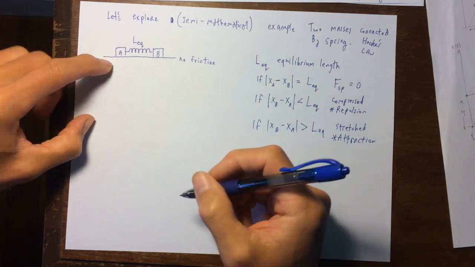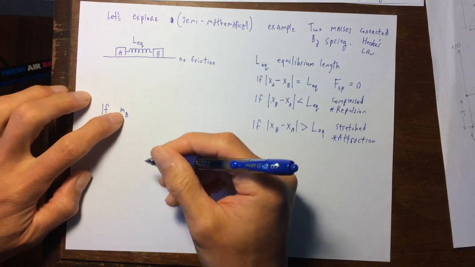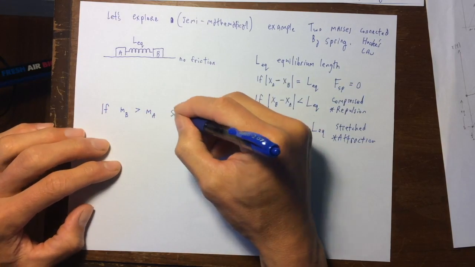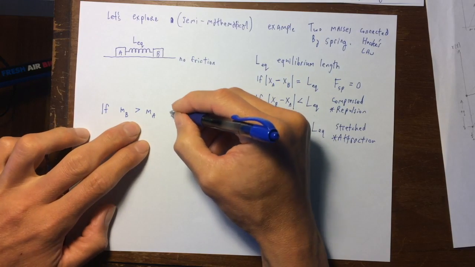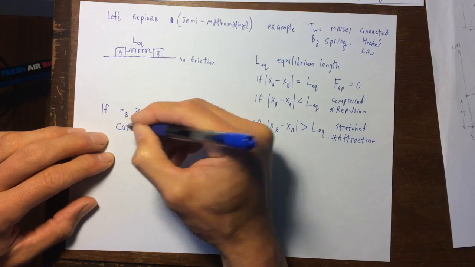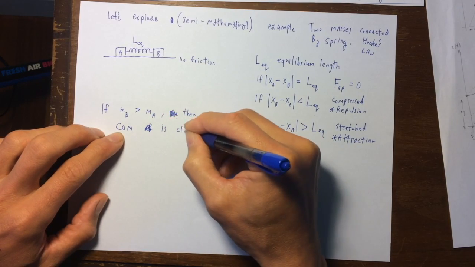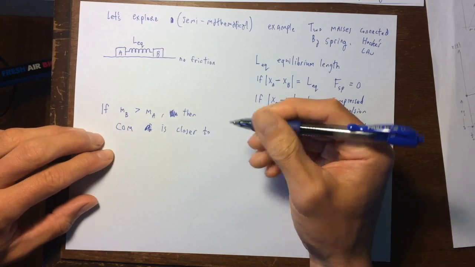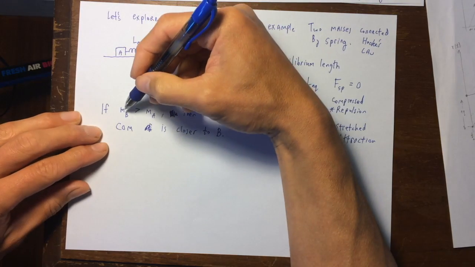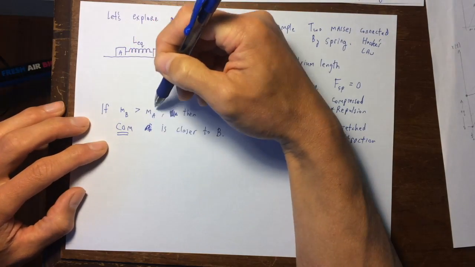Okay, so let's say that the mass of B is bigger than the mass of A. If this is true, then the center of mass is closer to B, right? So we are studying the center of mass of B and A together.